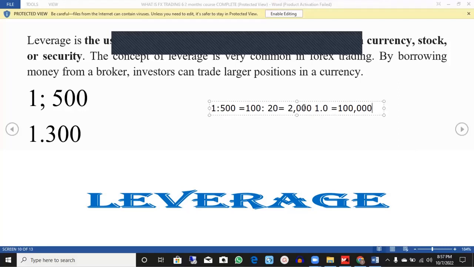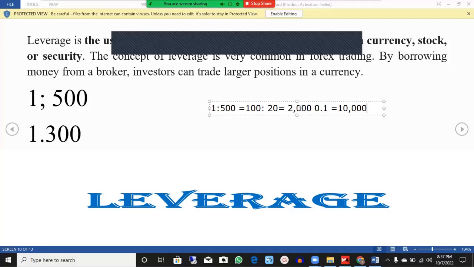If you have a small leverage like this, your leverage will be protecting you. For example, let's say you go and open 0.1, which is equal to 10,000. If you open 0.1 with leverage of 1:20, they will still not allow you, because the 10,000 units you're buying or selling is bigger than the leverage the broker has given you.